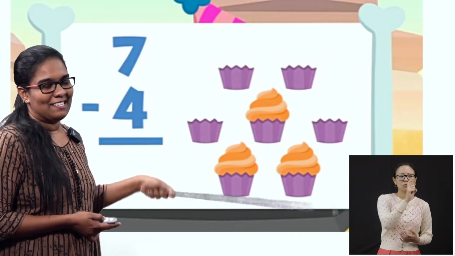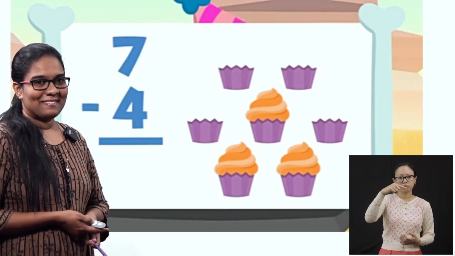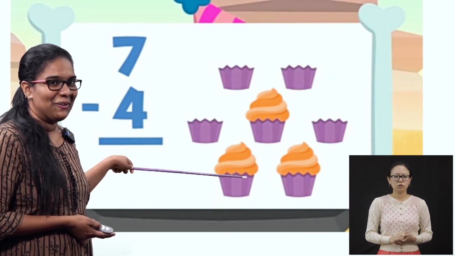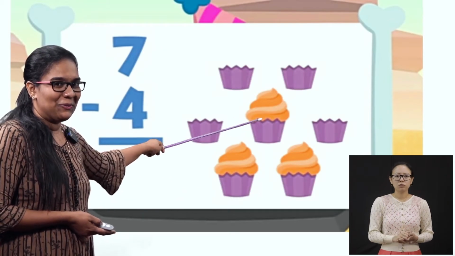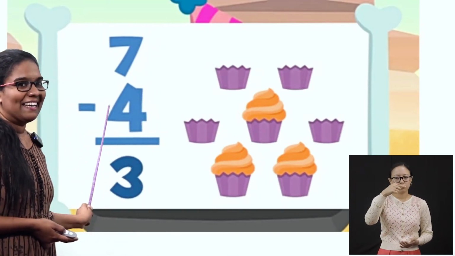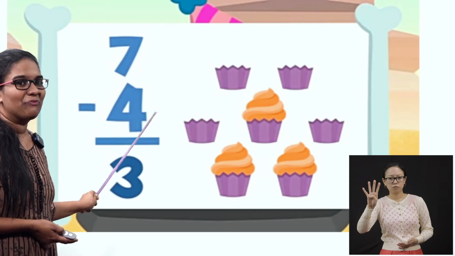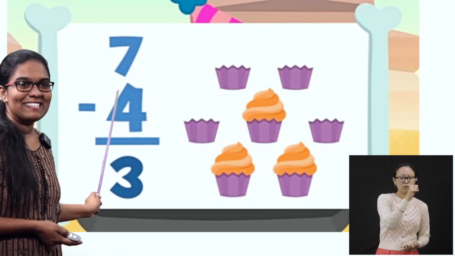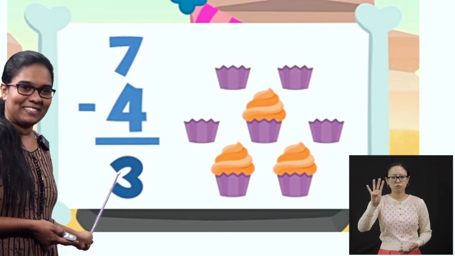Then tell me how many cupcakes are here now? 1, 2, 3. That is 7 minus 4 is equal to 3.